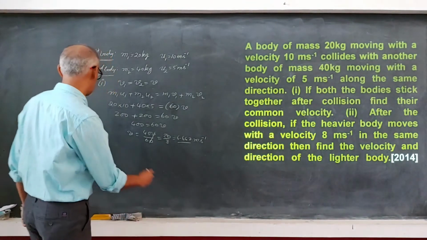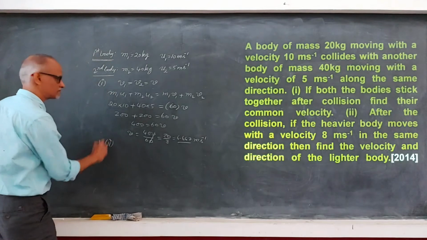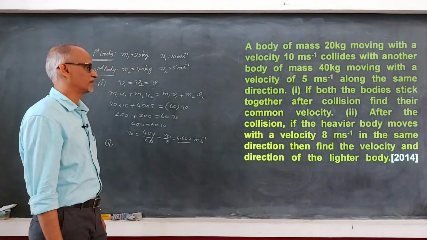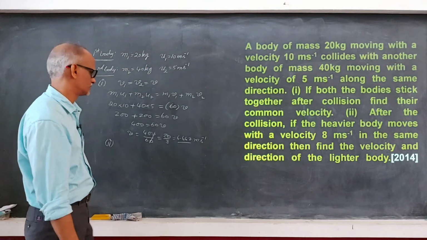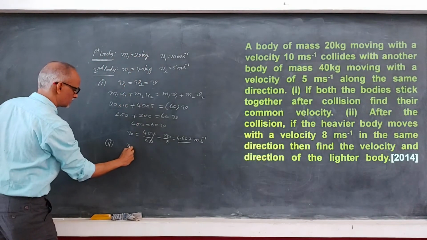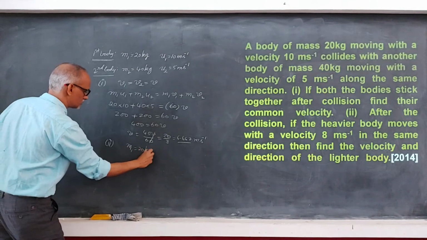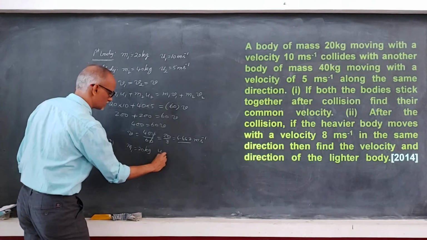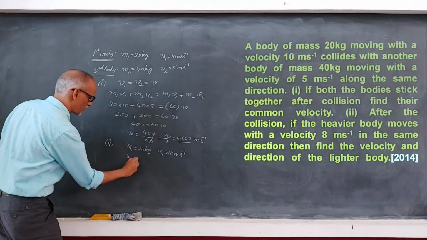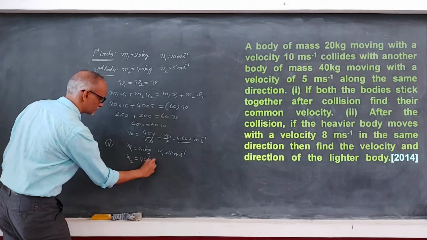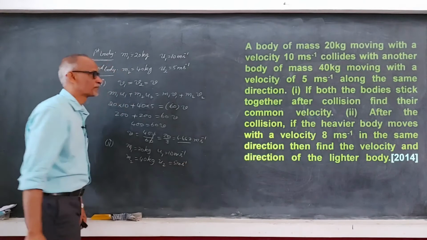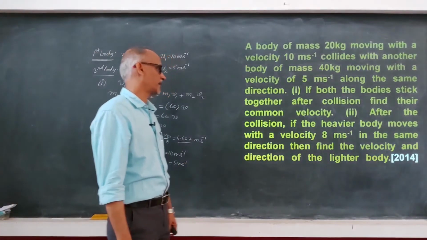The second option that is asked: after the collision, if the heavier body moves with a velocity 8 meter per second in the same direction. So the data is the same, that is m1 is 20 kg and u1 is 10 meter per second and m2 is 40 kg and u2 is 5 meter per second, and it's given that the heavier body moves with a velocity of 8 meter per second.